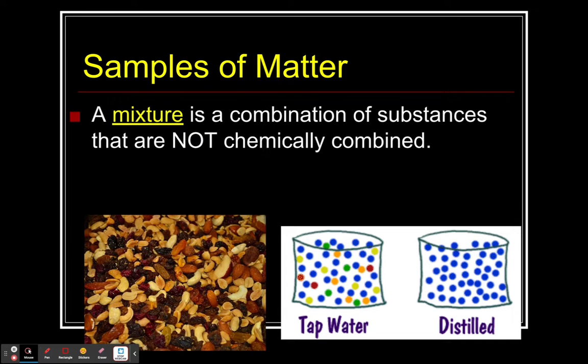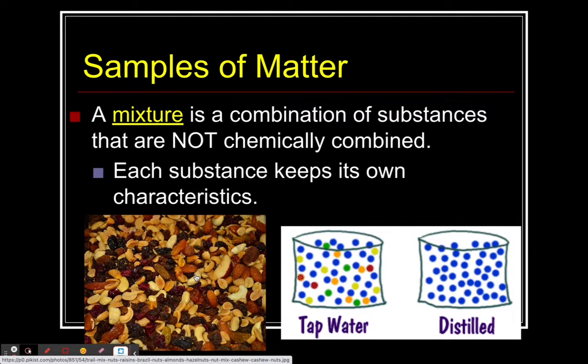A mixture, and you're more than welcome to draw over on the right-hand side of your paper, is a combination of substances that are not chemically combined. You can see the different parts, the raisins, the cashews, the peanuts, and that makes it a mixture. In a mixture, each substance keeps its own characteristics.